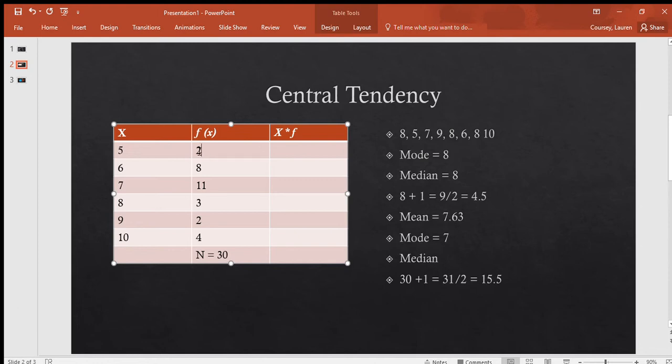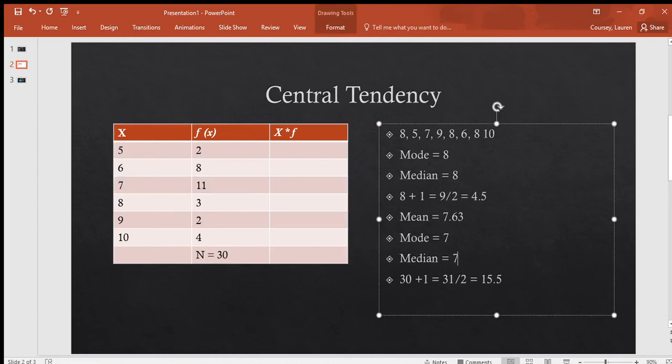So we would take 2 plus 8, so now we're in the 10th position, the last 6. We'll move over to our series of 7s here. So we're at 10, and we need 5.5 more. There's 11 7s, so we know that the 15.5 position is going to occur here among the 7s. So our median is going to be 7.